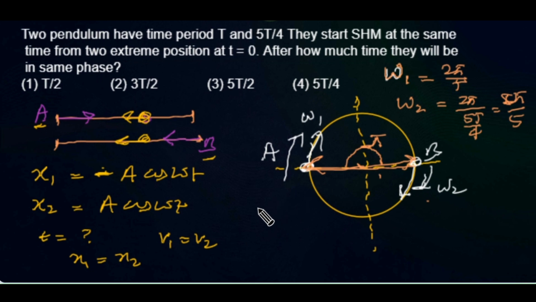So first of all, you have to find the relative angular velocity of A relative to B, which is ω1 minus ω2.